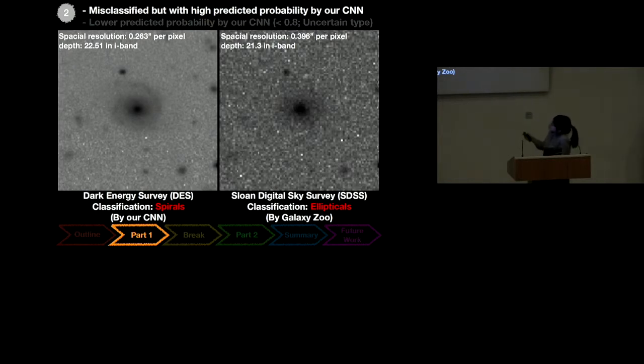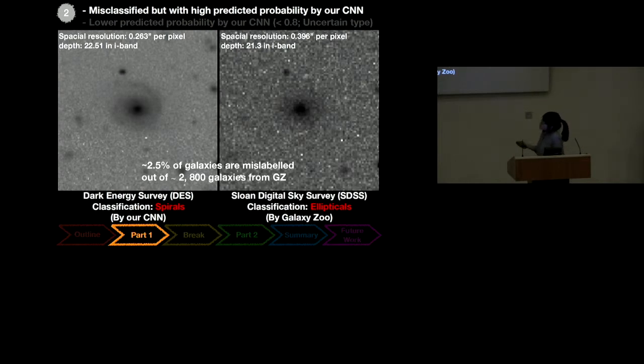These two images are the same galaxy. In this data, it shows a significant spiral structure which didn't show in the Sloan data. That's why our convolutional network classifies it as a spiral, because in the test we see this structure. But in Galaxy Zoo, because the Sloan data doesn't have it, they classify it as elliptical.